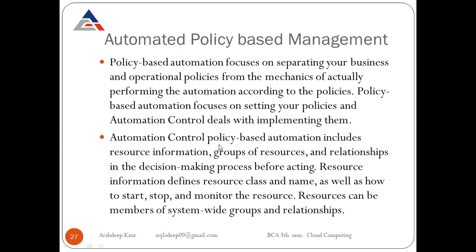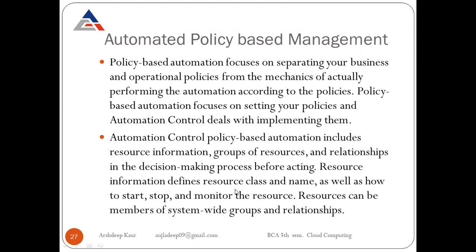In automation control, policy based automation includes resource information. What type of resources do we have? Groups of resources, meaning from where we are getting the resources. We have to check the relationship in the decision making process.